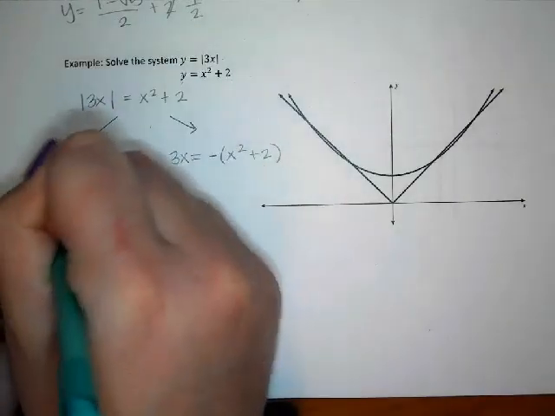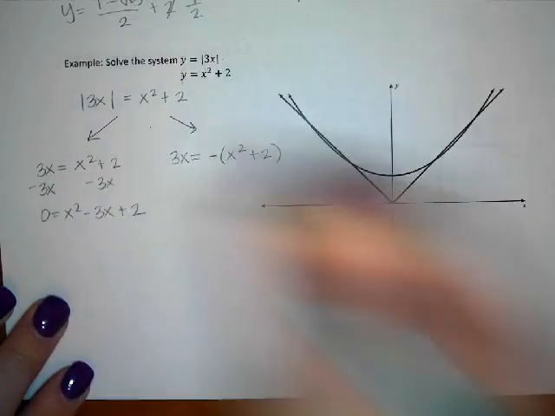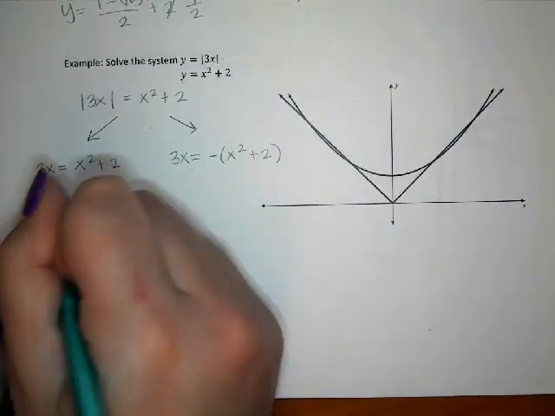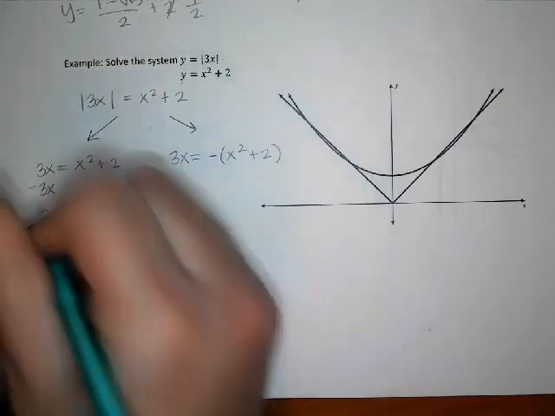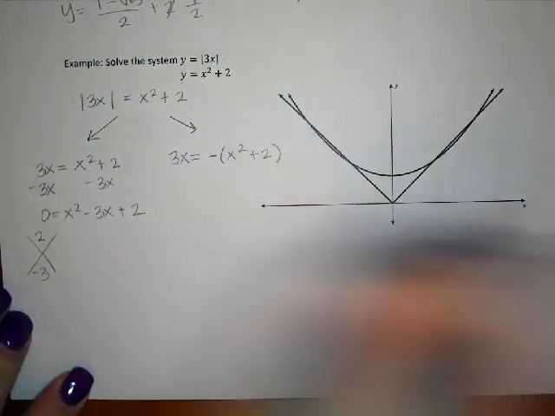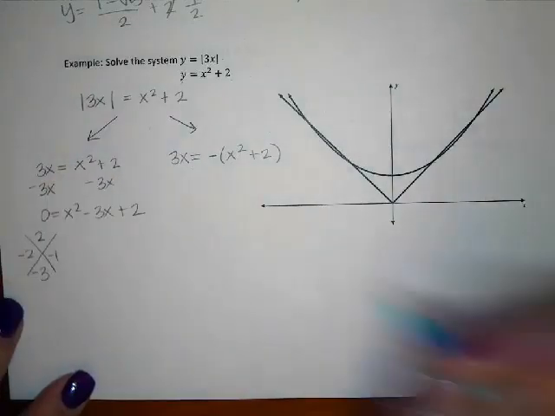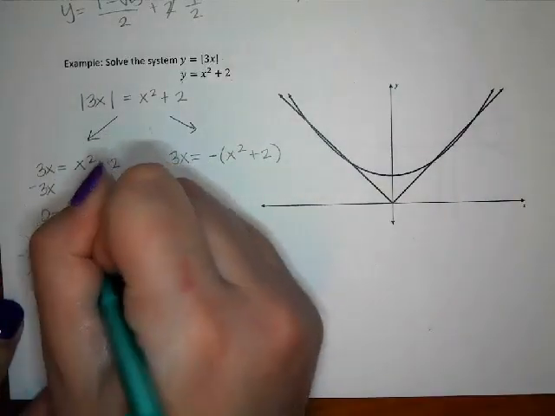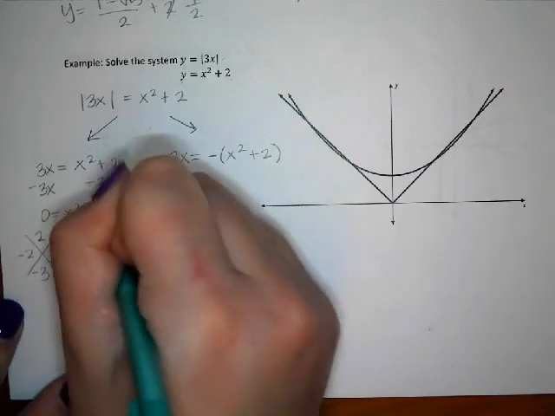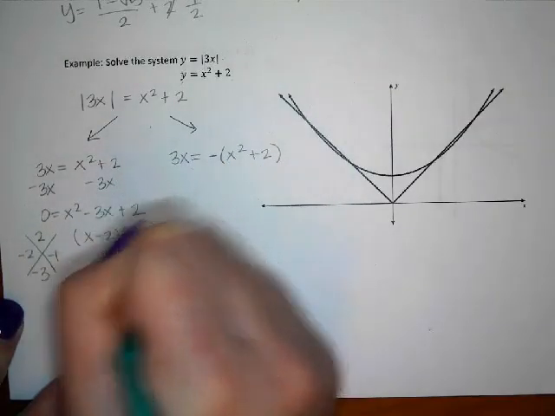So we have x squared minus 3x plus 2. And thank goodness there are 2 numbers that multiply to positive 2 and add to negative 3. Those 2 numbers are negative 2 and negative 1. So we didn't have to use the quadratic formula. It factored nicely: (x minus 2)(x minus 1). So x is 2, x is 1.